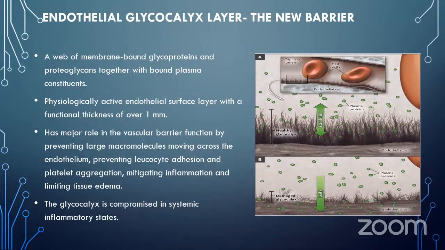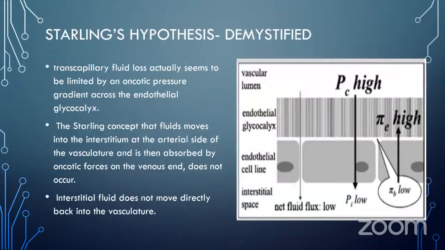The glycocalyx is compromised, as we know, in certain systemic inflammatory conditions. So we have the age-old, traditional belief of Starling's hypothesis, which used to tell that fluid came from the arteriolar capillaries into the interstitial space, and from the interstitial space the venous capillaries used to directly take up the fluid based on the concept of oncotic pressure.